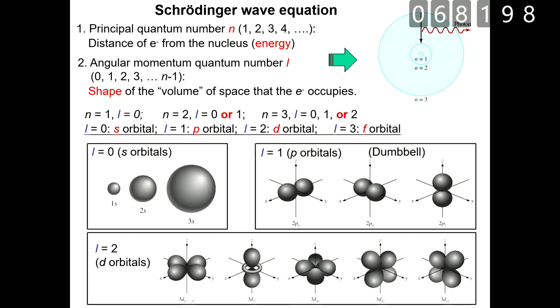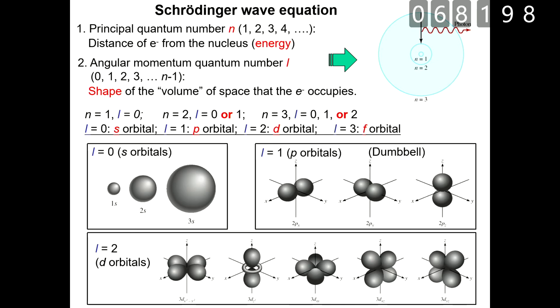But why do you say 0 or 1? Because for example, if n equals 3, for all these atoms, their L number can be 0 or 1 or 2. So this means they have different shapes.